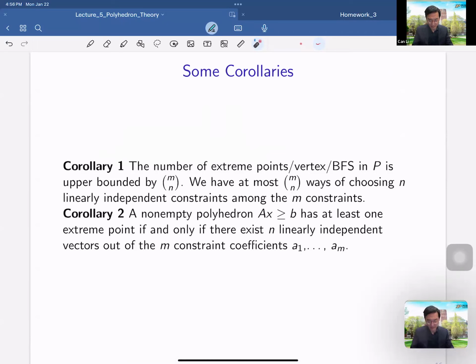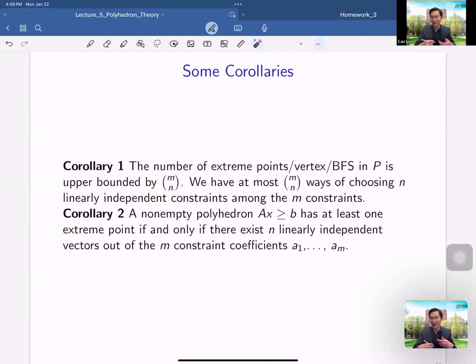Okay, so with these theorems, there are some corollaries that we can derive. Since a way to choose extreme points, vertices, and basic feasible solutions is by picking n active constraints out of the m constraints, with this definition we can show that the number of extreme points, vertices, and basic feasible solutions is finite, and it is upper bounded by m choose n, right?